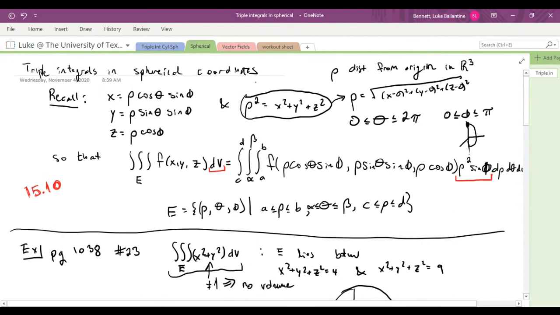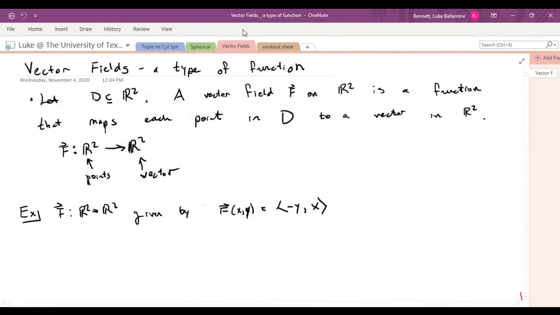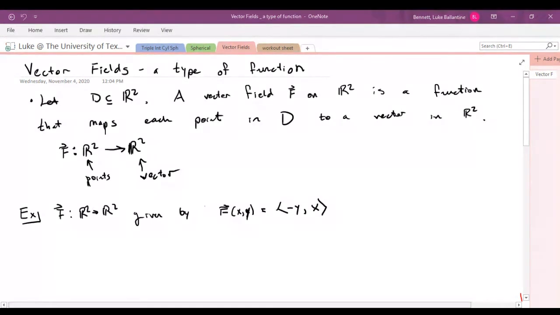That was spherical coordinates. So let's go ahead and talk about vector fields. Have you guys gotten to this in class yet? No. Okay. Well, these aren't too bad. This is chapter 16.1.